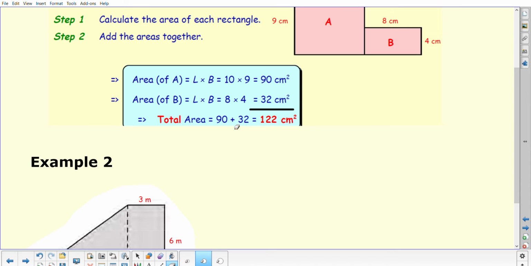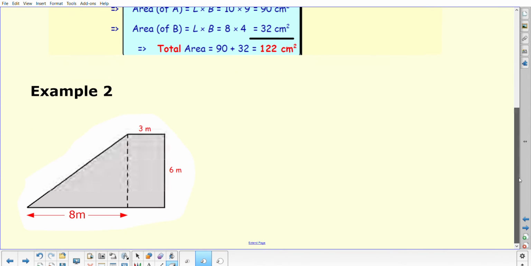So your working should be set out in a similar way. It doesn't have to be two rectangles, you might have a shape like this, which is made up of a rectangle and a triangle. You can set your work out slightly differently for this.